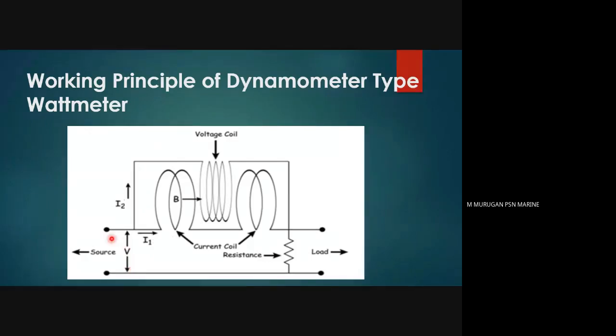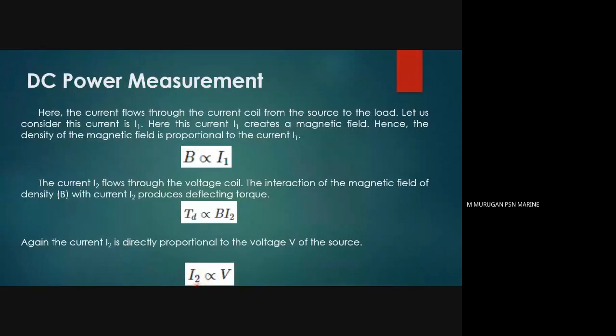By means of this voltage, we can adjust the value of current. If this value is to be changed, we can adjust the voltage. So I2 is directly proportional to the supply voltage V.